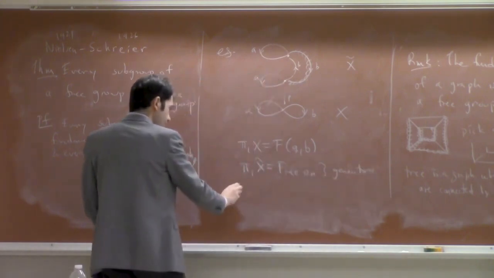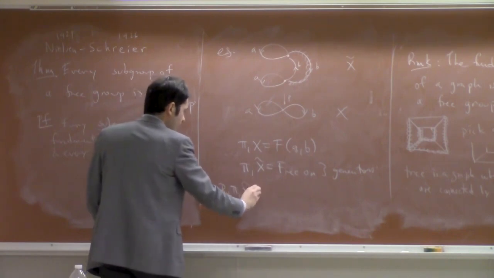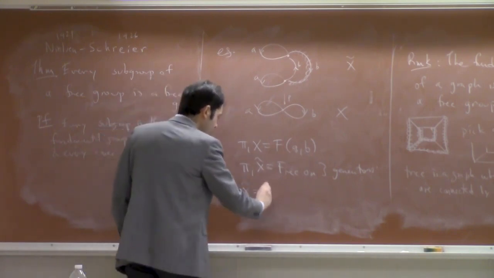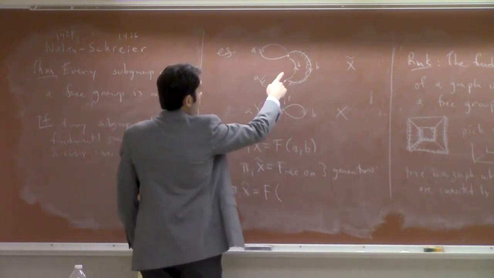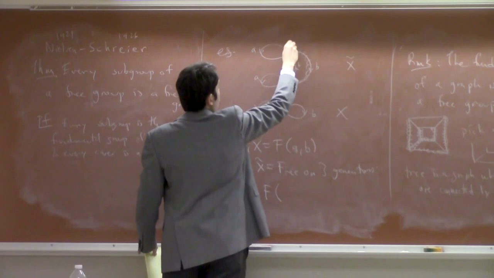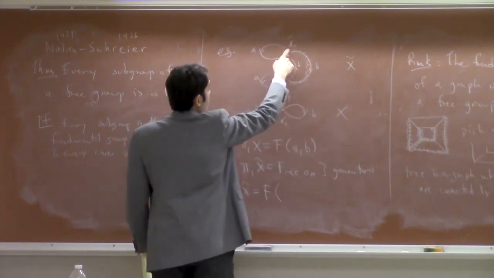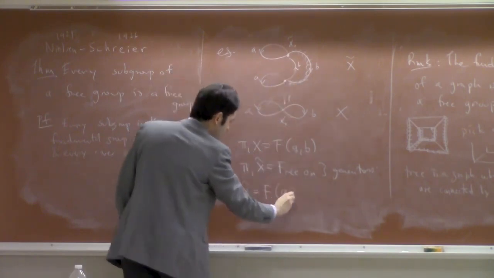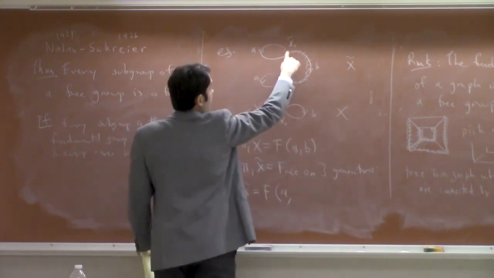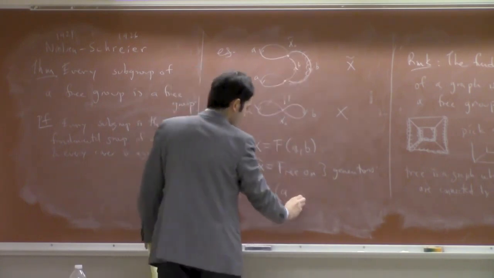And the image of pi1 of X tilde is the free group on, and we can see what the generators are. So if we pick this as our base point, then let's see, we have this loop, and that gets sent down to A. Then I can go down along B and back along B, so I have B squared.